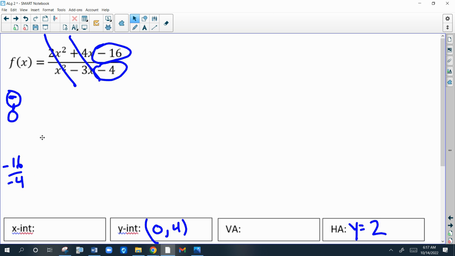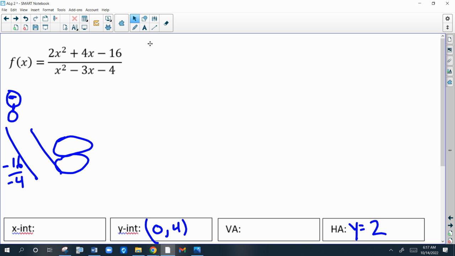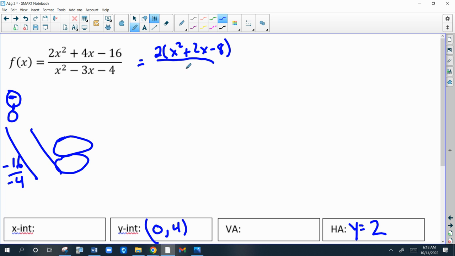For the x-intercepts and the vertical asymptotes, you typically want to factor, because it makes them easier to find. So we're going to factor the top and the bottom. On the top, there's a common factor of 2, so let's get rid of that. It will simplify our factoring. The bottom is still the bottom.